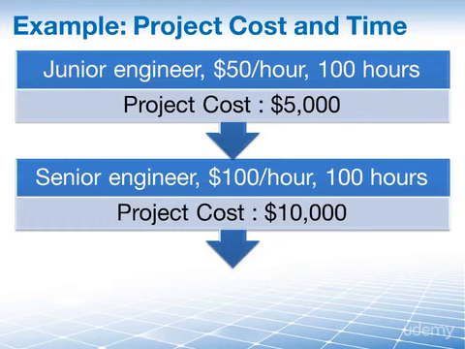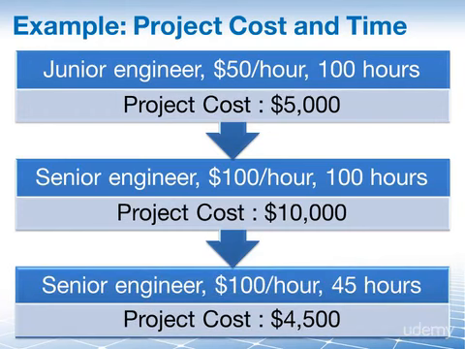But what if, because this senior engineer is so good, he actually manages to finish the project in only 45 hours? Well, then your project comes in at only $4,500. And this is what we mean when we say that cost estimating and time estimating are interrelated.